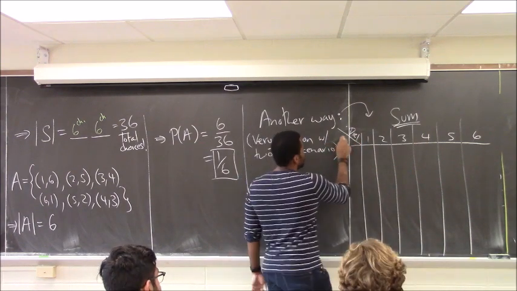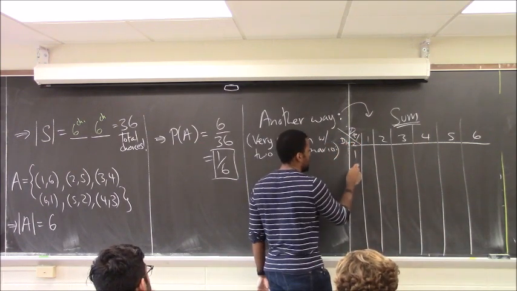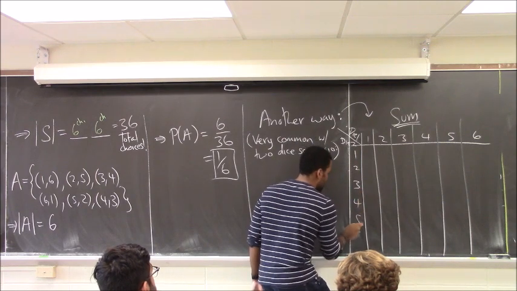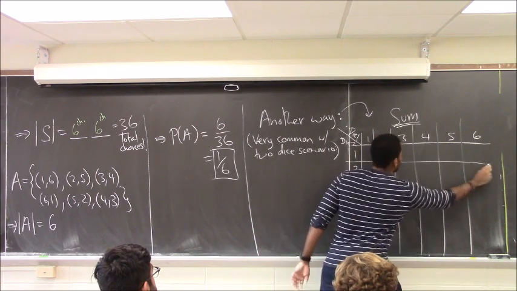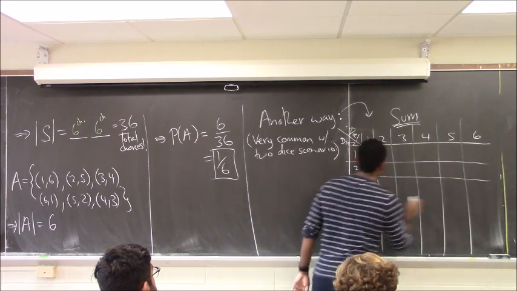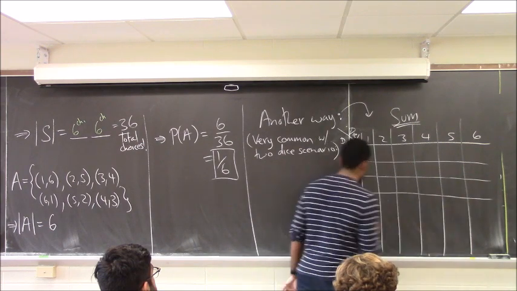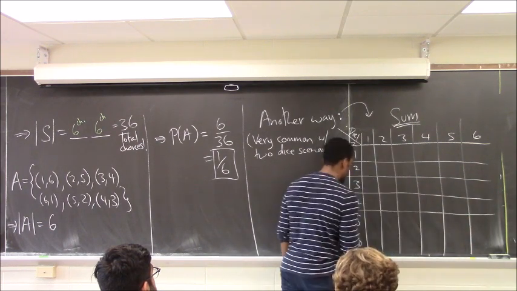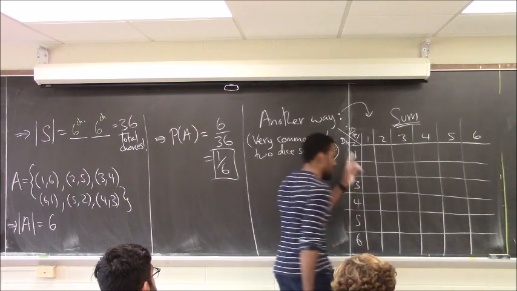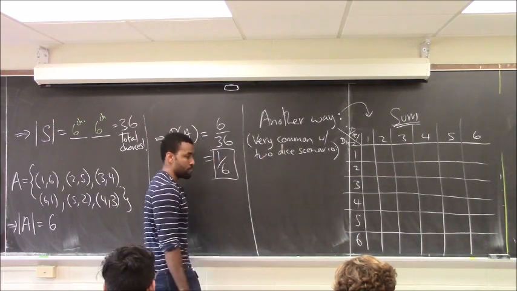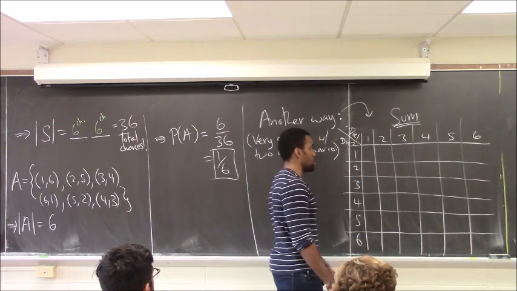And then the options for die 2 go on the other side, 1, 2, 3, 4, 5, 6. Right away, you'll be able to visually see that there are going to be 36 total options because you end up with a 6 by 6 square. So there will be 36 boxes here.